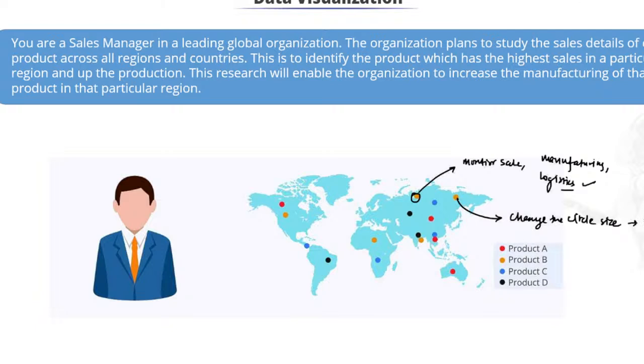So if in a particular country the sale is more of a certain product, their circle will be bigger as compared to the country or the product which has a low sale. This will be one easy method to use visualization in this case, so that you can identify which country is consuming which particular product, and you can obviously present them in different colors, product A, B, C, D.